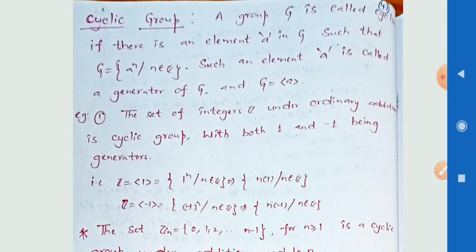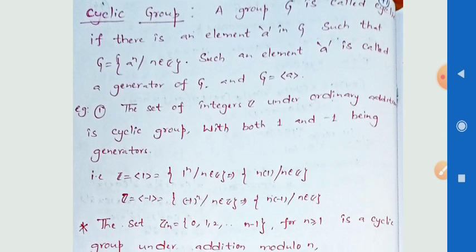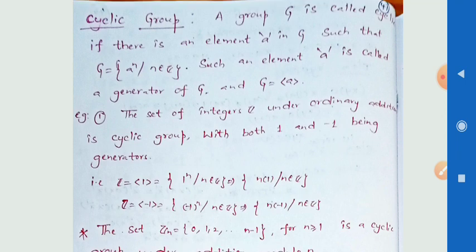if there is an element A in G such that G is equal to the set of all A power n such that n belongs to Z. Such an element A is called the generator of G, then G is equal to generator A. Here G is a group, and that group must be generated by an element.